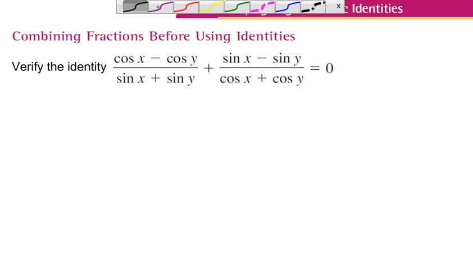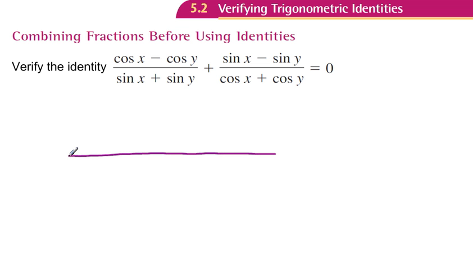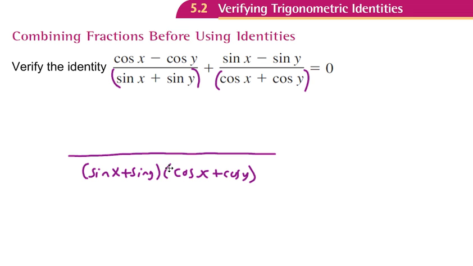Okay, so the way I'm going to start this is I'm going to just start with my common denominator. Sine of x plus sine of y, cosine of x plus cosine of y. Okay, so when I multiply these two terms together, that's my common denominator.